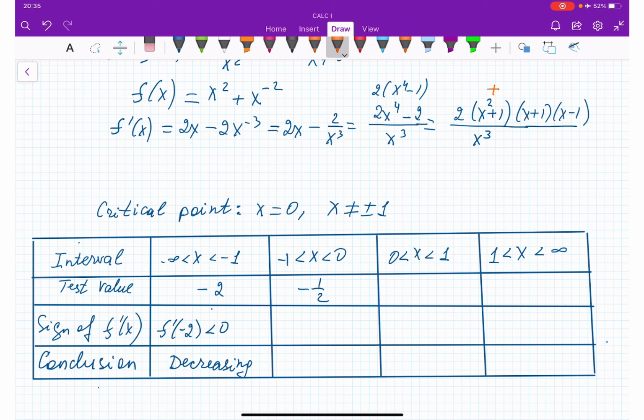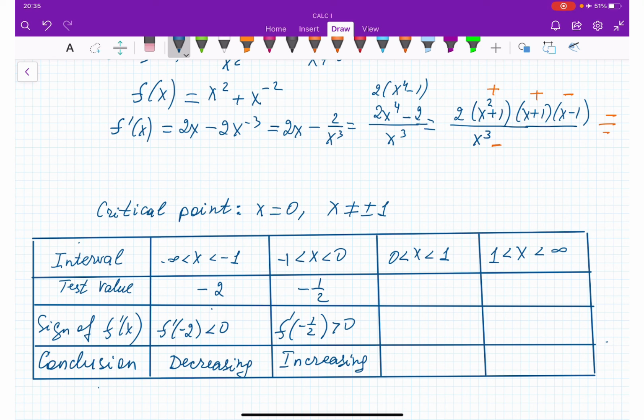So for -1/2, this is going to be plus because it's less than 1. And this is going to be minus. And this is going to be minus. So we are getting minus over minus, which is going to be positive. F prime of -1/2 is going to be greater than 0, which means increasing.